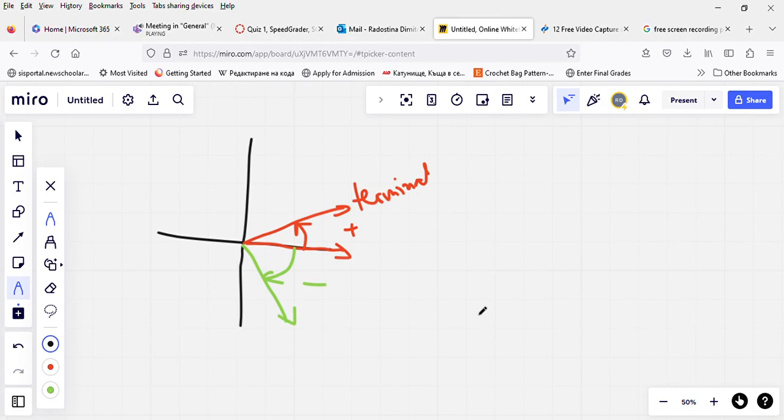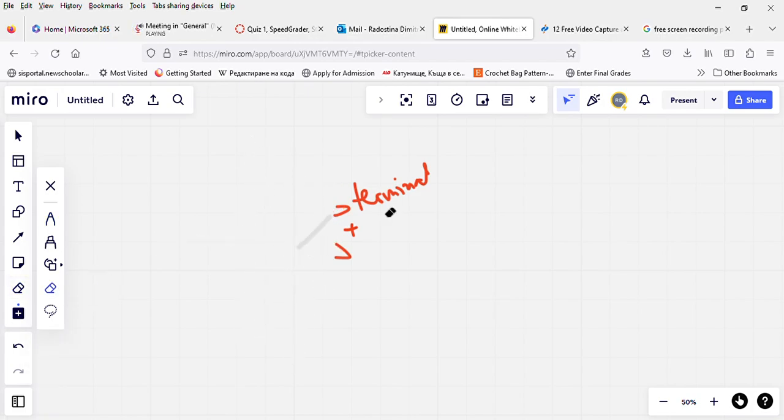Another thing that you may have trouble with is the measurement of angles. I know you know degrees, but unfortunately in trigonometry most of the time we will have to work with radians. It is a little bit abstract and strange concept because you probably haven't worked with it before.